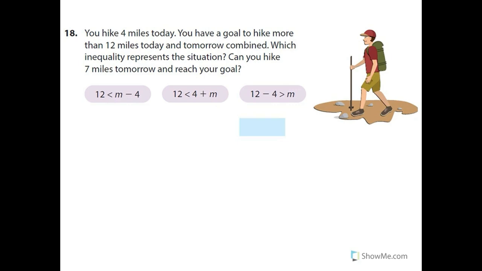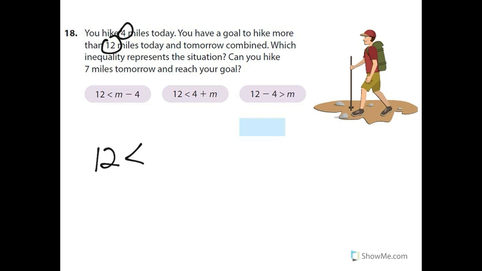Okay, so you hike 4 miles today. You have a goal to hike more than 12 miles. More than 12 miles today and tomorrow combined. Which inequality represents the situation? All right, so 12 needs to be less than the miles that you walked today and tomorrow.